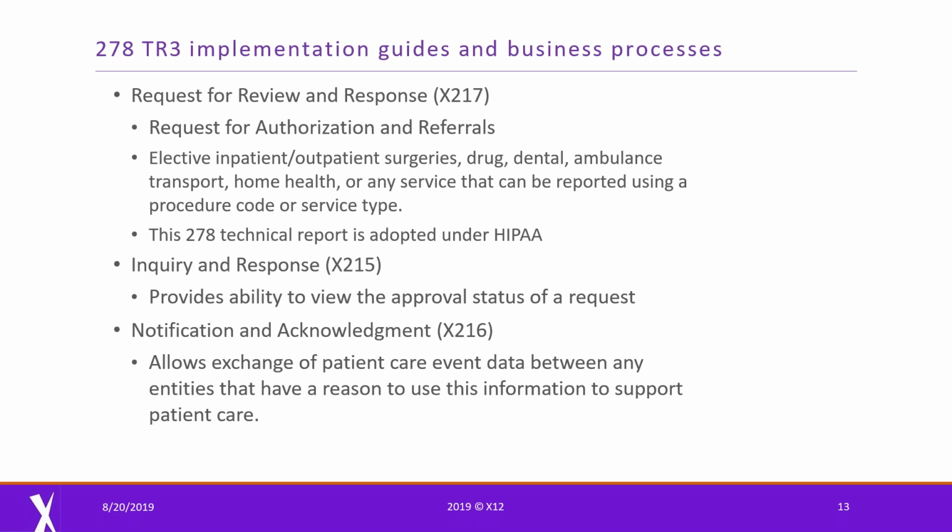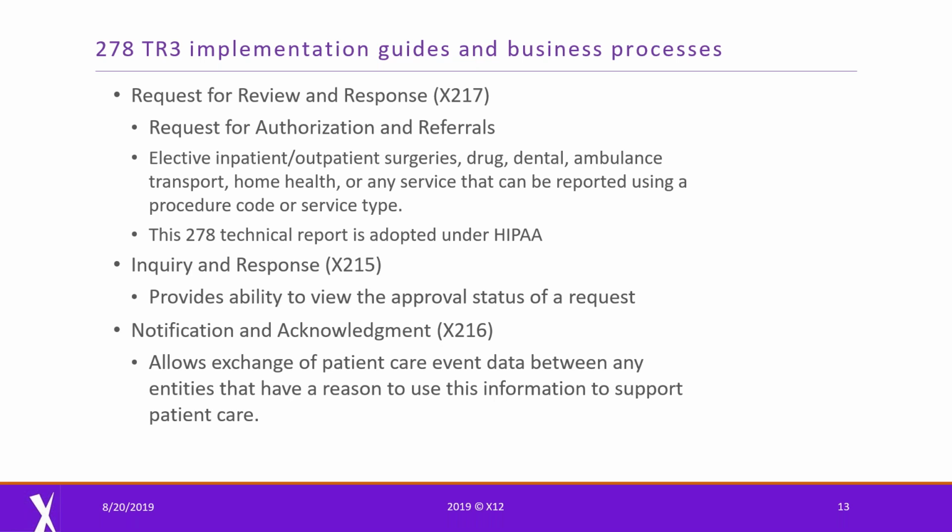When we're talking about the 278 TR3 implementation guides and their business processes, I kind of started talking about it at a high level, but when we talk about the authorization transaction, we're really talking about the X217. And this is your authorization and referral transaction. And this is the one that's actually the technical report adopted under HIPAA.